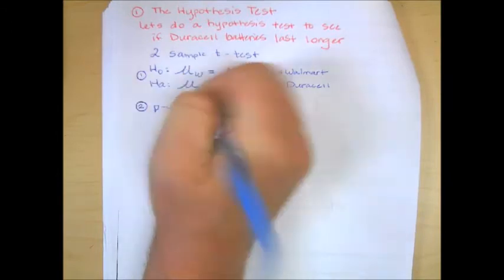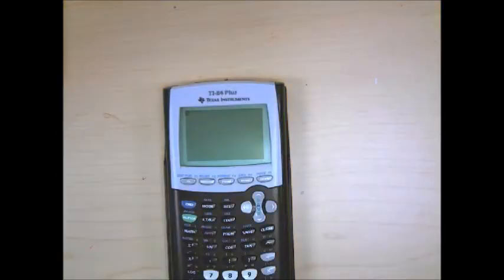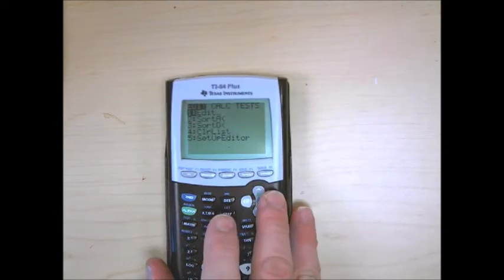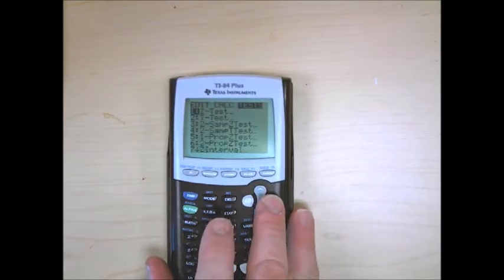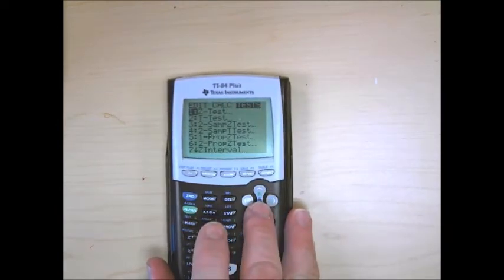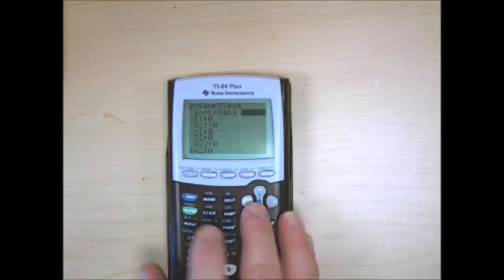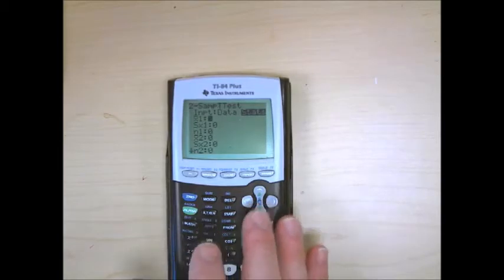Okay. So, on your calculator, stat, test, 2-sample t-test. That's what we're going after right now, the 2-sample t-test. Now it's going to ask everything we know. It's going to ask what was the mean of group number 1.